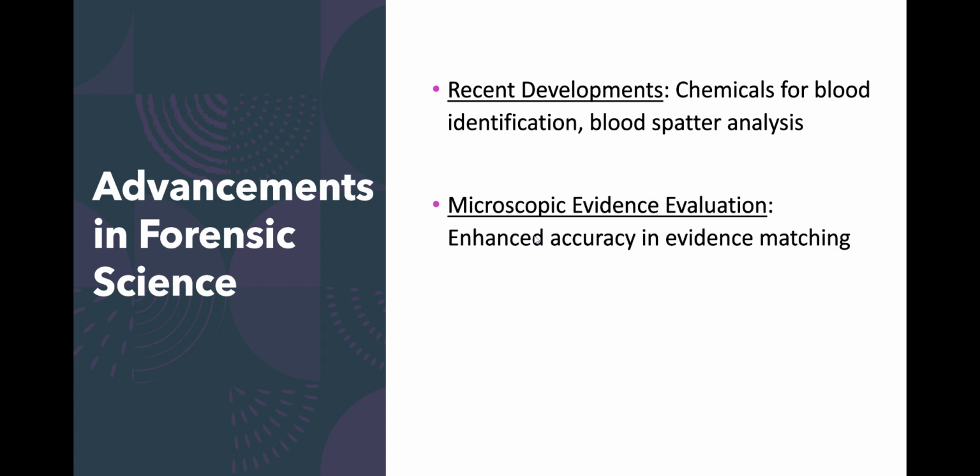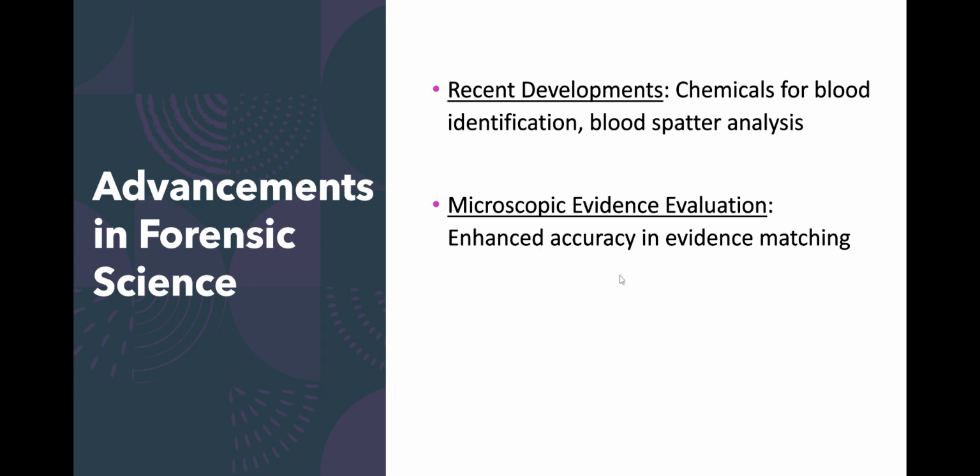And blood spatter, I should have said this first, blood spatter analysis has become a really important technique used for recreating crime scenes that provides insights into the direction and distance that the blood traveled.